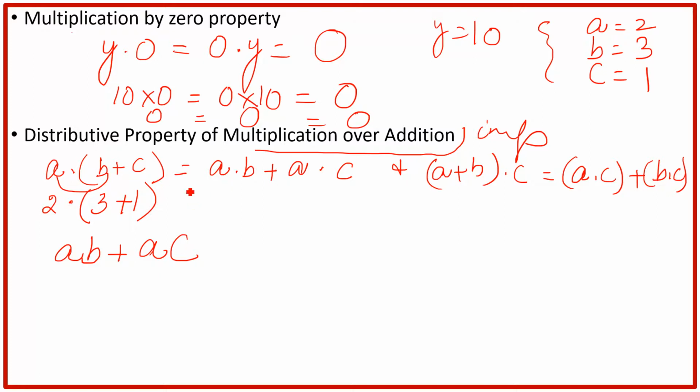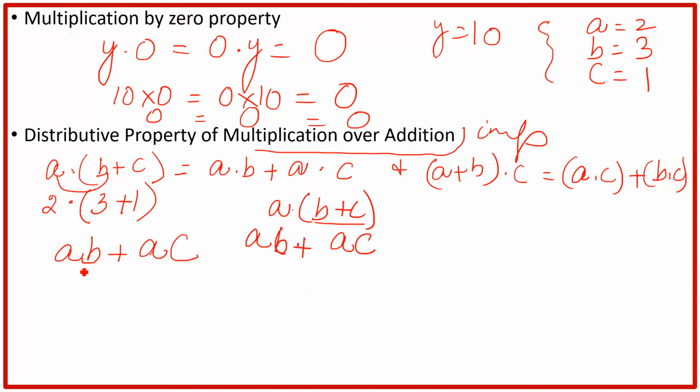You multiply first a with b, and then a with c. Another way is to do the same thing here. I will show you: a times (b plus c). You have to multiply a with everything in the parenthesis, so it is a times b, and then the same thing, plus a times c.